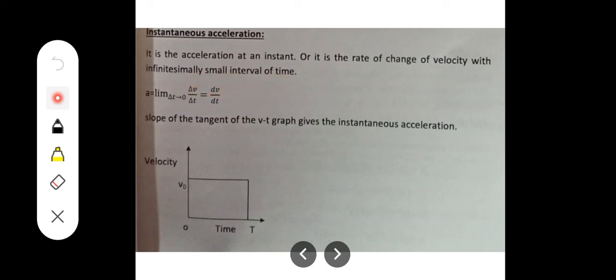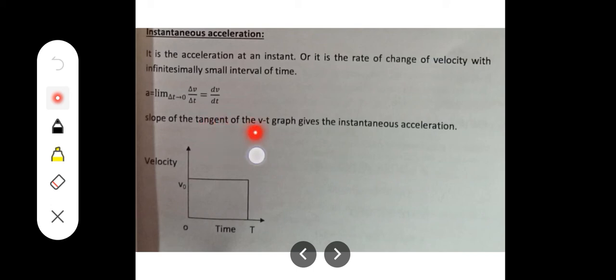The same definition as we had for instantaneous velocity, the only change is that it is acceleration. The equation is also very similar: a equals limit delta t tends to 0 of delta v by delta t, which is dv by dt. I explained this in one of the last videos about instantaneous velocity. A similar explanation can be given here, the only difference is acceleration.